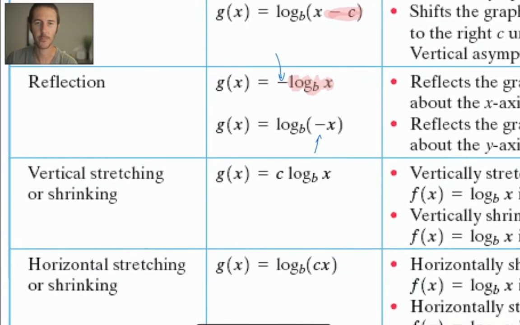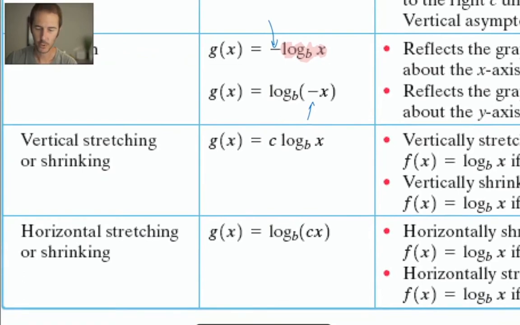A vertical stretch or shrink, we're taking all those old y values and multiplying them by something. Double the y values, they get taller in the upward and downward direction. If you were to multiply them by 1/4, it would be like a vertical shrink or compression, because you're modifying the y values.